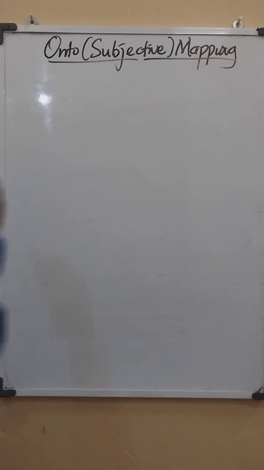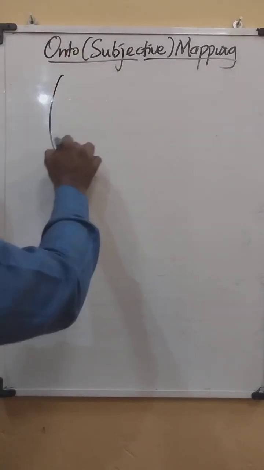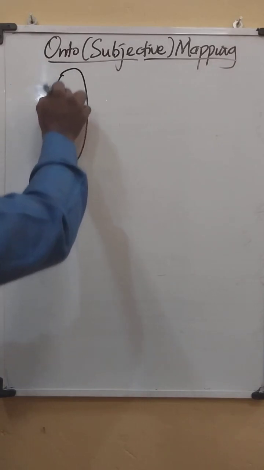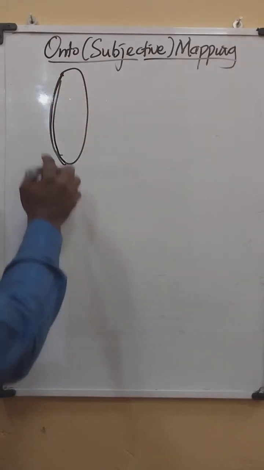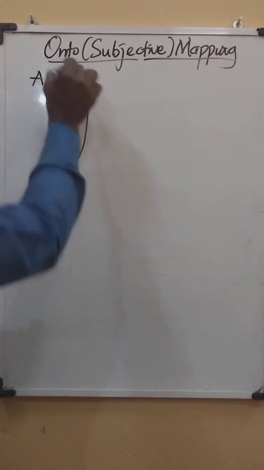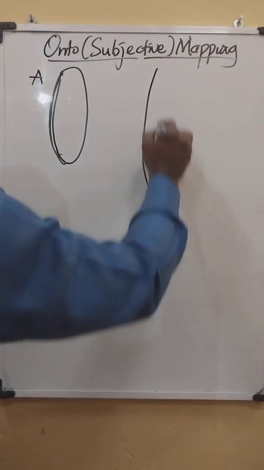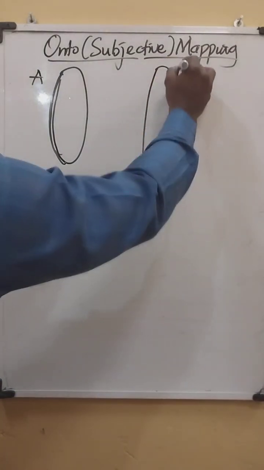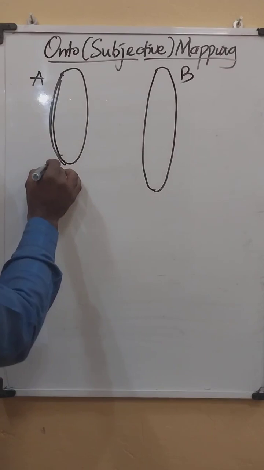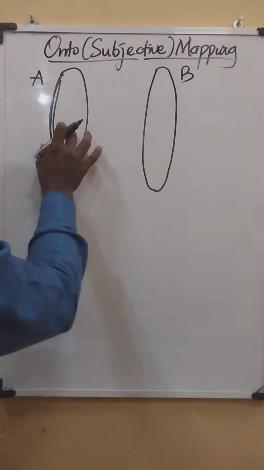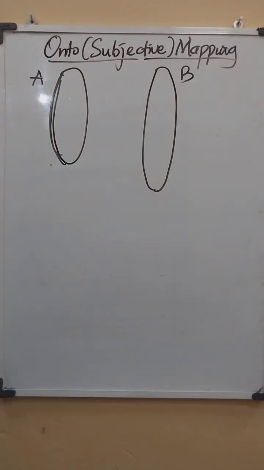Now that we have known what the domain is, the domain is the first set, and the other one is the codomain. In this type of mapping, this is what happens.